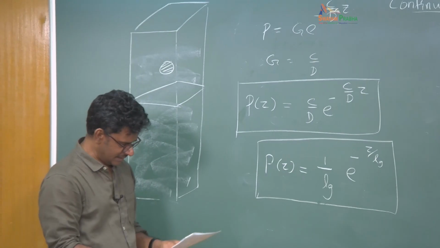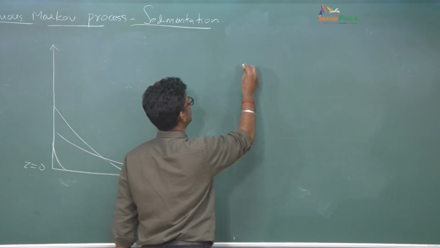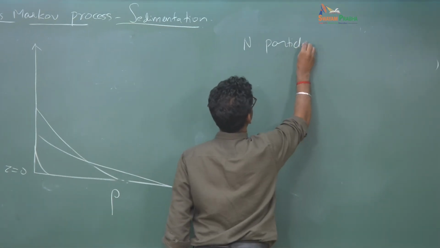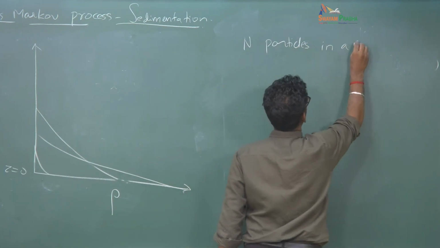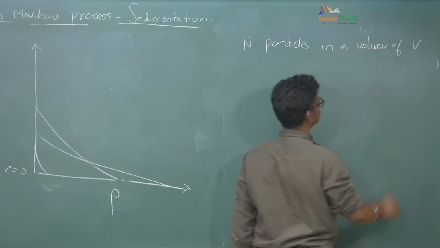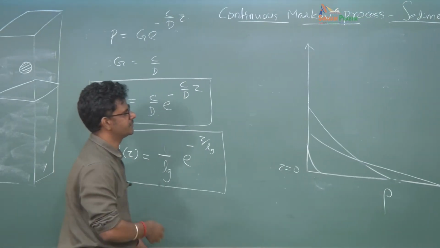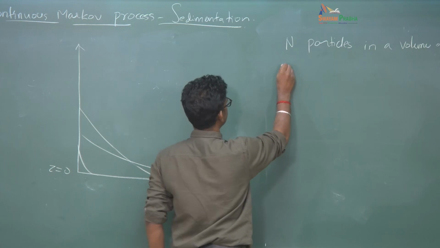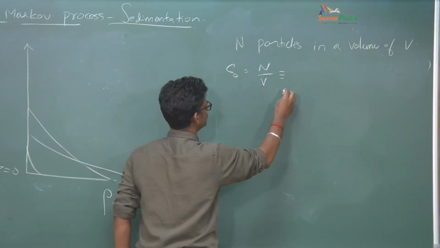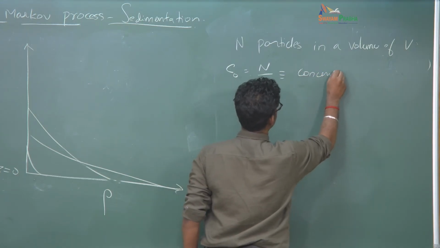Let's say that initially we have n particles in a volume of V. That's the volume of the liquid in which n particles are dispersed. So we can define C naught as n by V. This is the concentration we define.